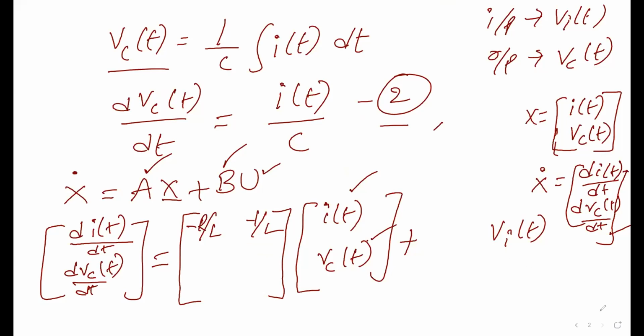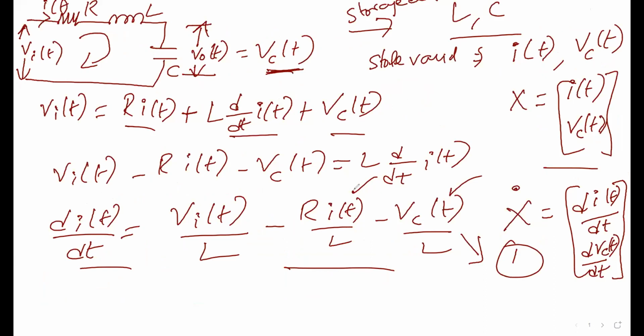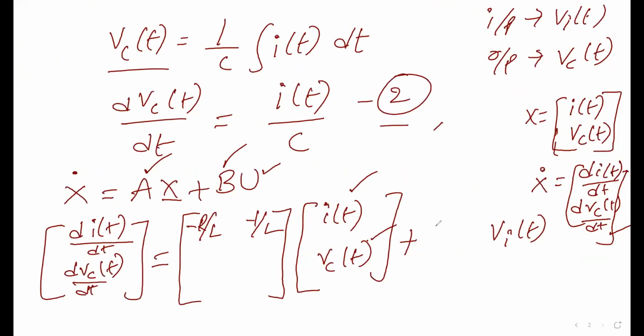With these two terms completed, one more term is there. What is the term? Vi of t multiplied with 1 by L. So the first equation is completed.